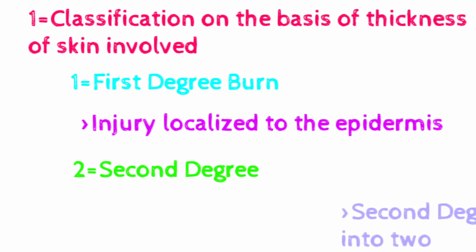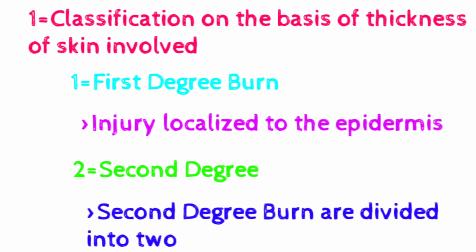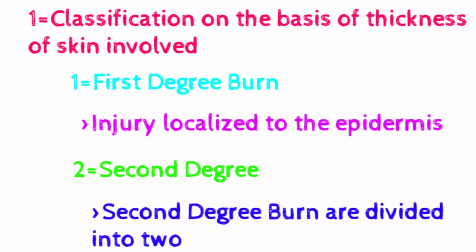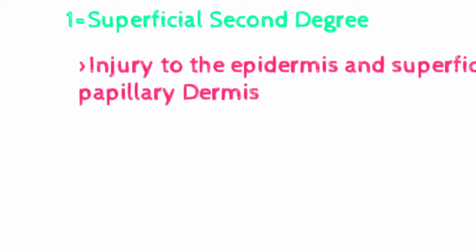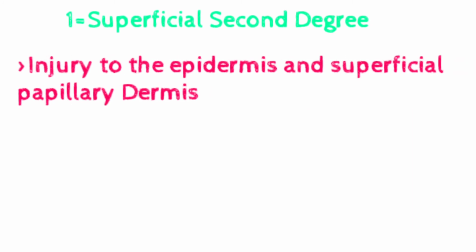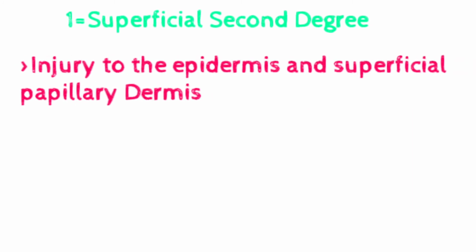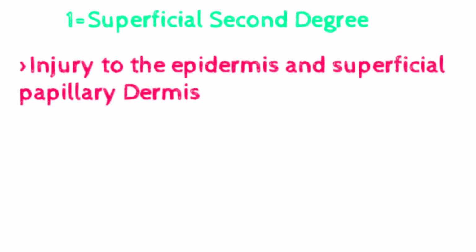Now second is the second degree. Second degree burn is divided into 2. First is the superficial second degree, because second degree involves dermis, and dermis has 2 layers, upper papillary and lower reticular. If injury is to epidermis and superficial papillary dermis, this is called superficial second degree.